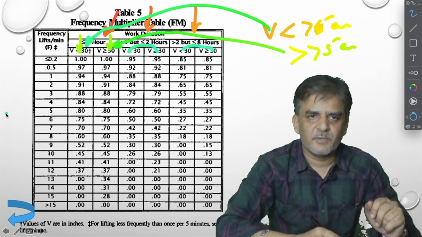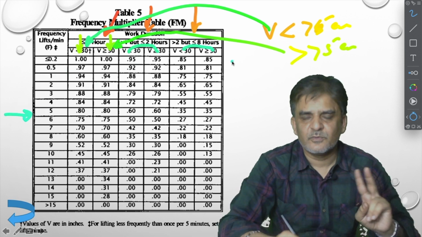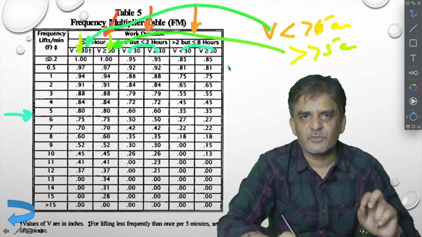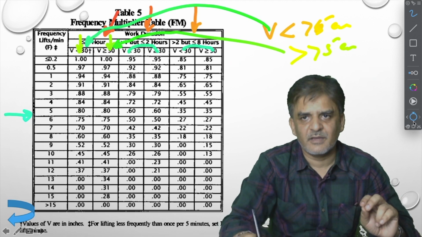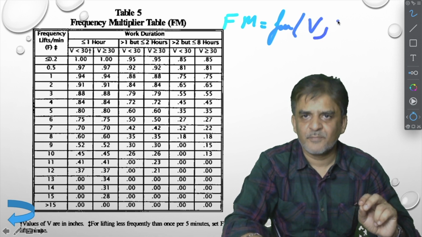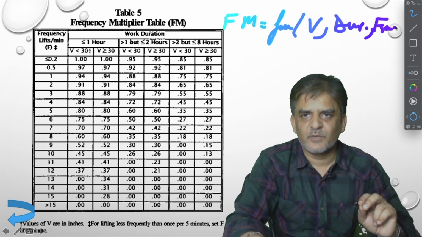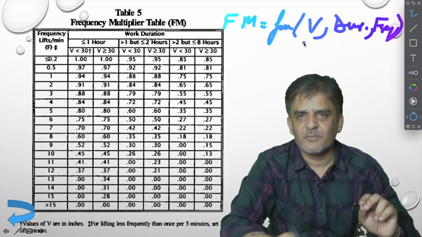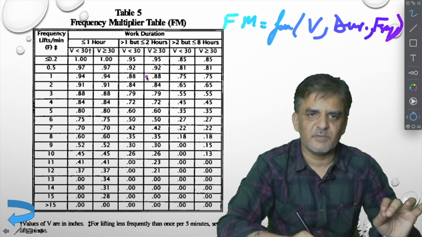With respect to a particular value of frequency, with respect to three variables, we have to see the frequency multiplier. The frequency multiplier is a function of vertical distance, duration of work, as well as frequency of work. So three parameters define the frequency multiplier.